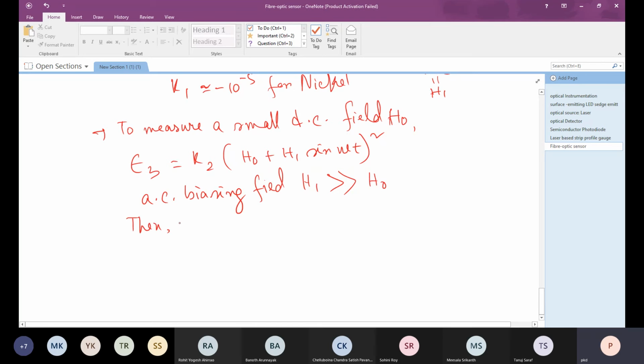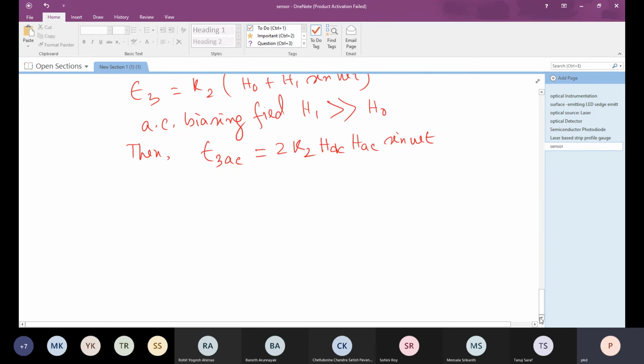Then epsilon 3 AC is equal to 2 K2 H DC H AC sin omega t.